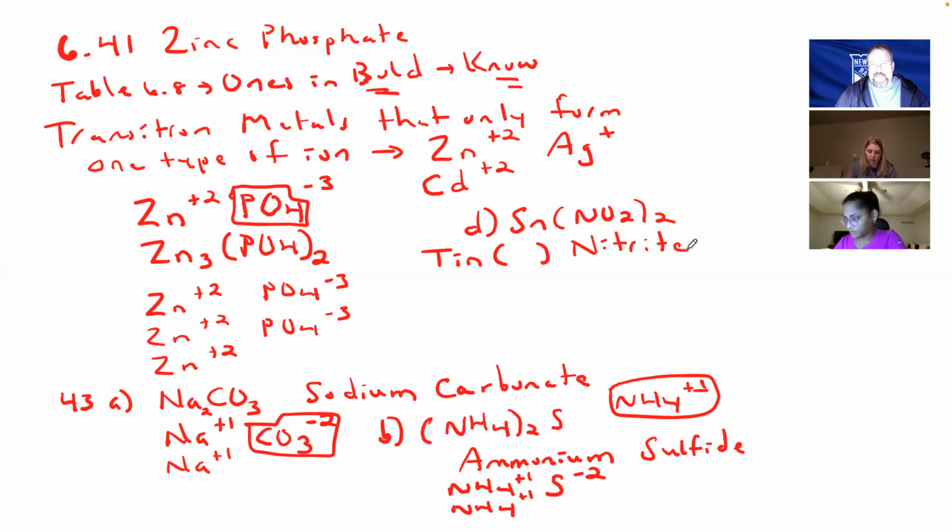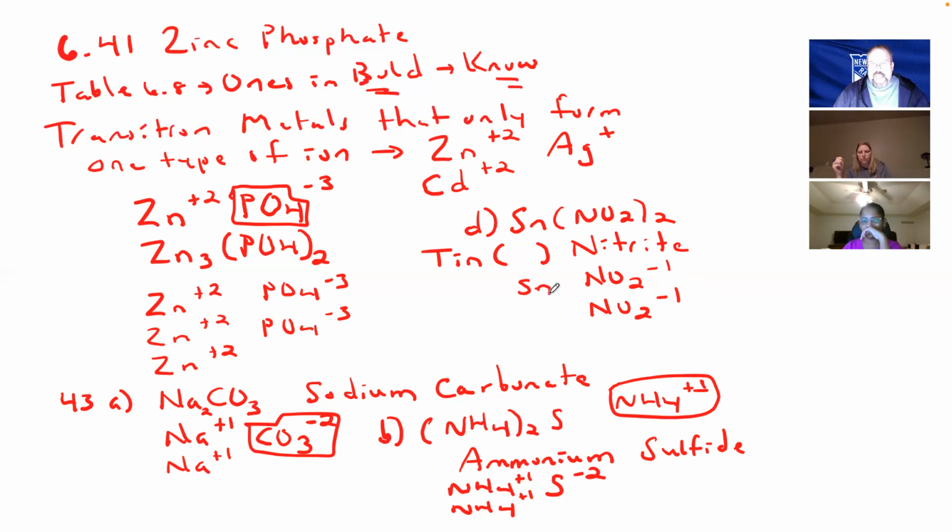Now, in this case, in order to figure out the charge of the tin, we have to know what the nitrite ion is. We can't figure out the charges for both. By definition, nitrite's chemical formula is NO2 minus 1. Just like for ammonium, by definition, it's NH4 plus 1. Just like for carbonate, by definition, it's CO3 minus 2.